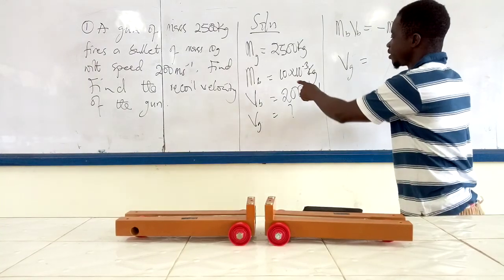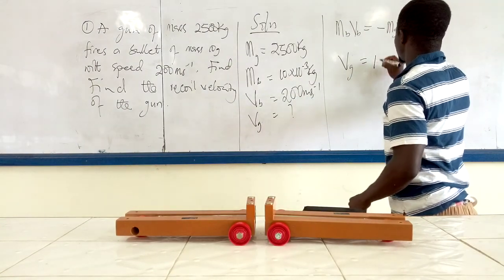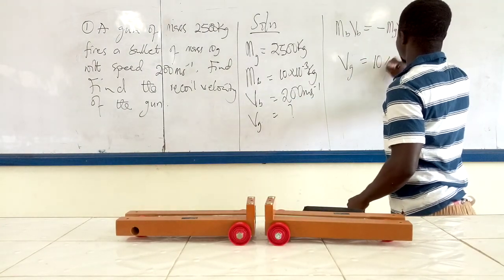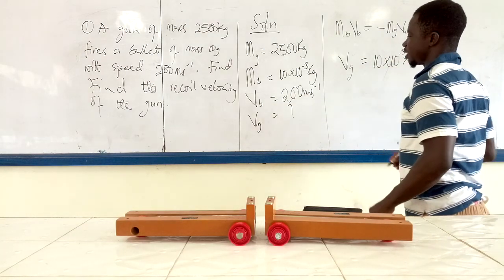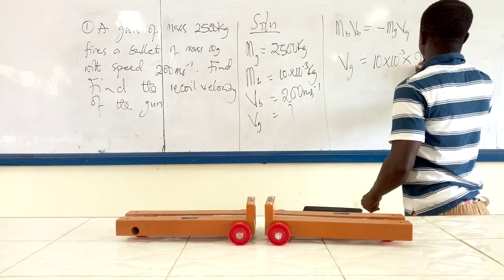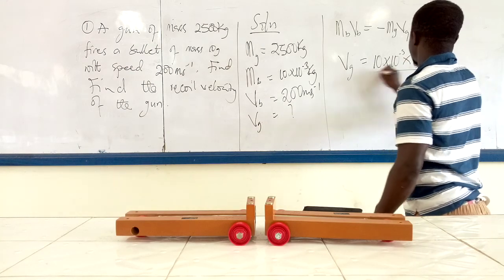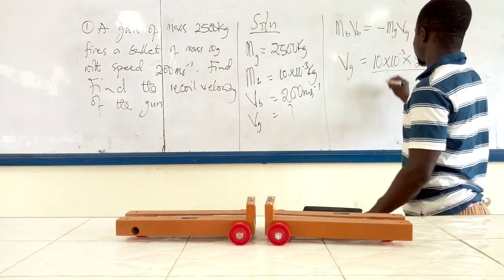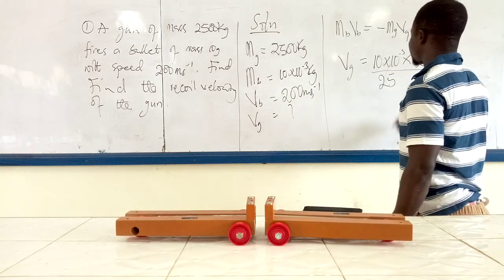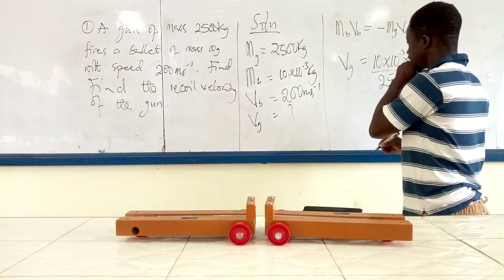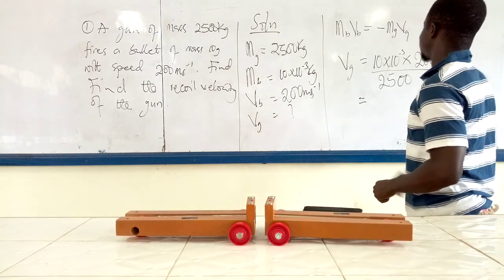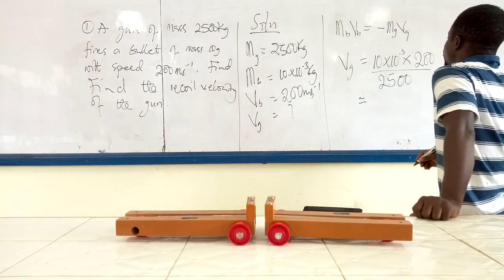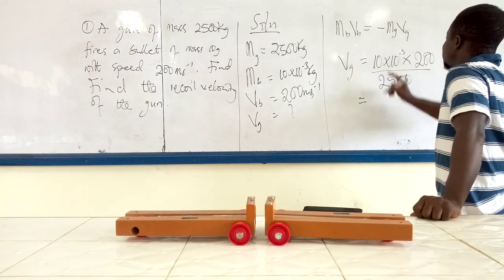The mass of the bullet is 10 times 10 raised to the power minus 3, times 200, divided by 2500.